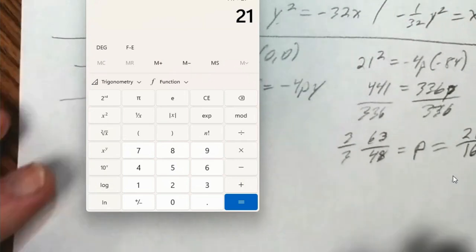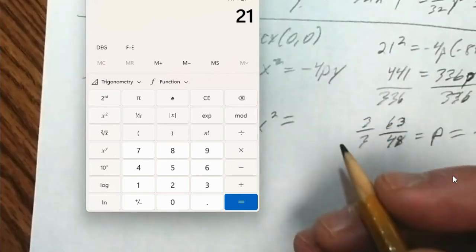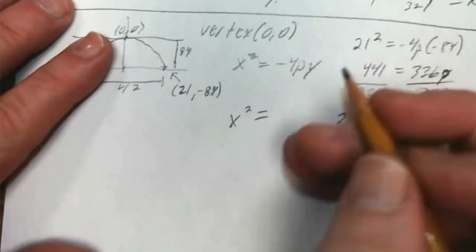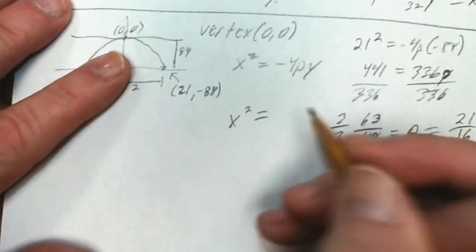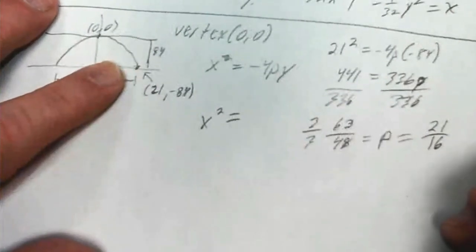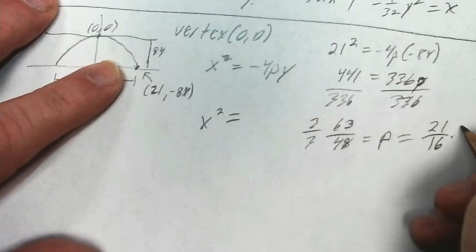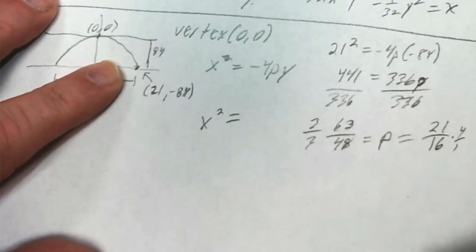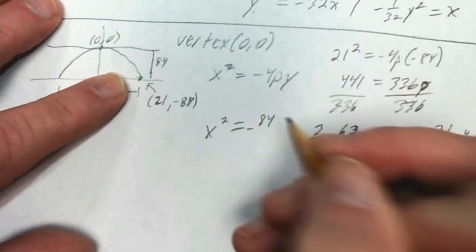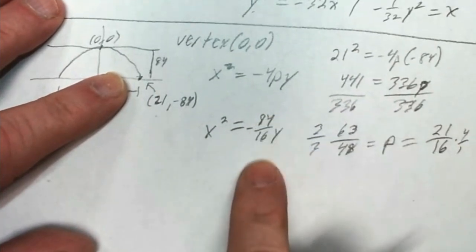So our equation is going to be x squared equals, get this calculator out of the way now. P is this, and we need it to be negative. Oh, that's just what p is. We need 4 times that. So this would be 84/16, when you multiply by 4 over 1, negative 84/16, which we know will simplify as well, because that is divisible by 4.